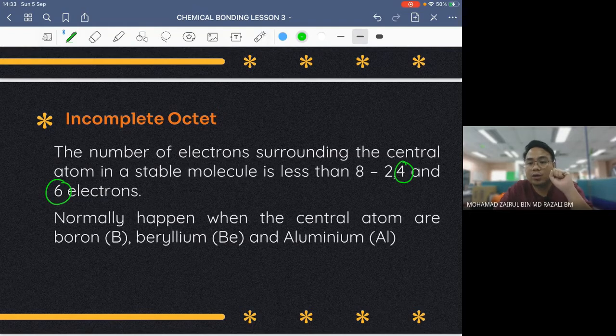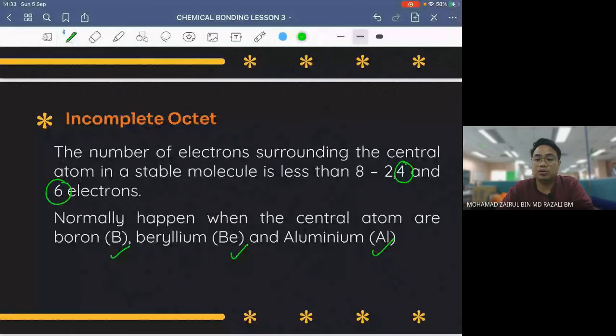Incomplete octet can only happen if the central atom is one of these three elements: boron, beryllium or aluminium. Only then can you get an incomplete octet. That means the number of valence electrons surrounding the central atom must be less than 8, but the condition is that the central atom must be either boron, beryllium or aluminium.